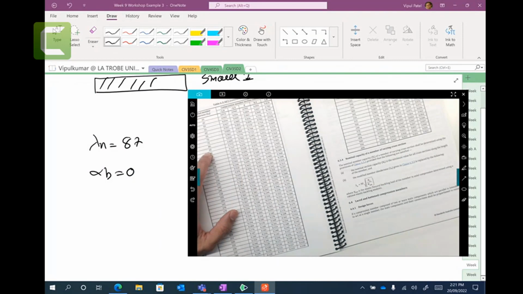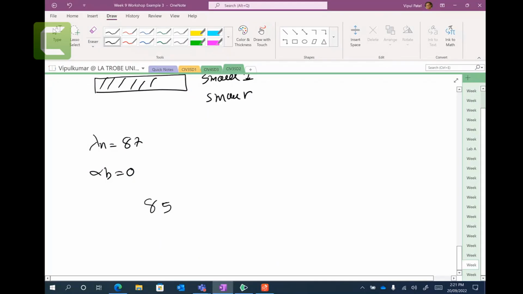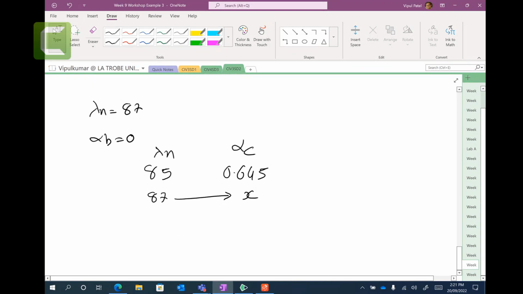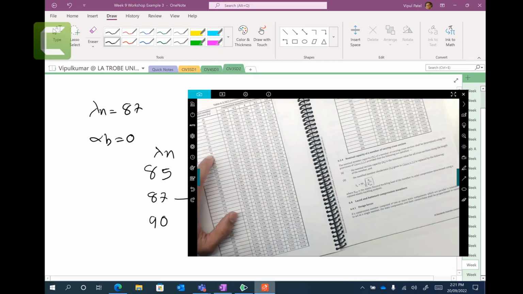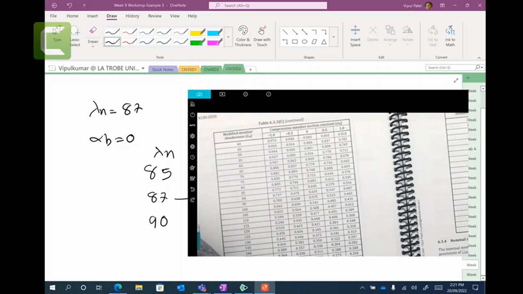For 85, we have 0.645. This is lambda n, this is alpha c. We need 87. How much is x? And we have 90, and for 90 we have 0.610.